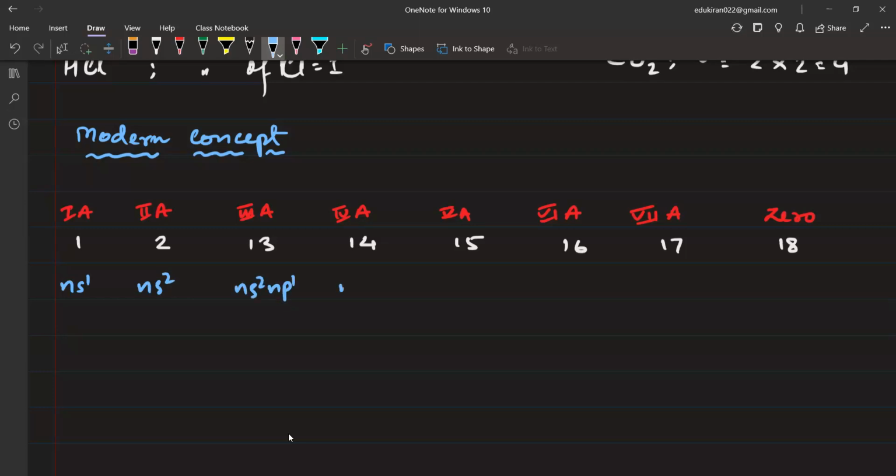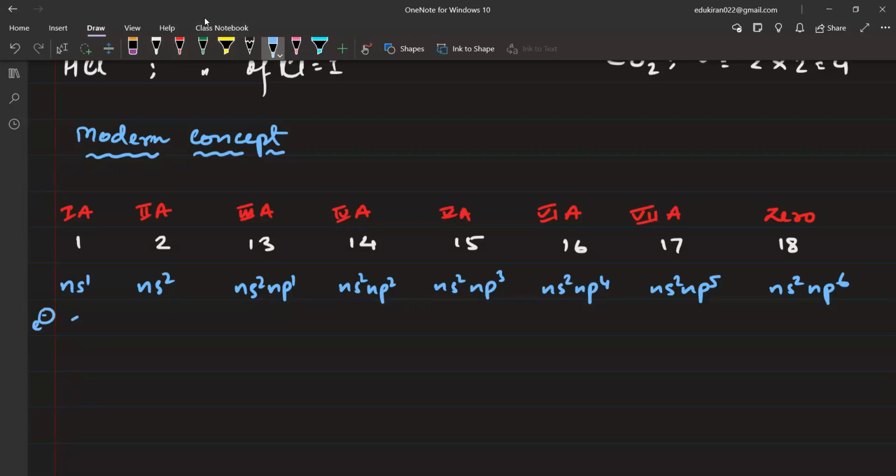For the fourth, it is ns2 np2, then ns2 np3, ns2 np4, ns2 np5, and ns2 np6.